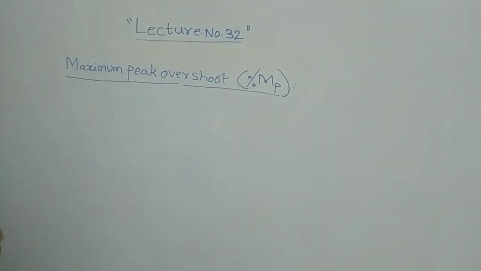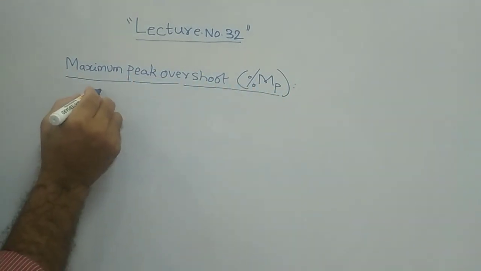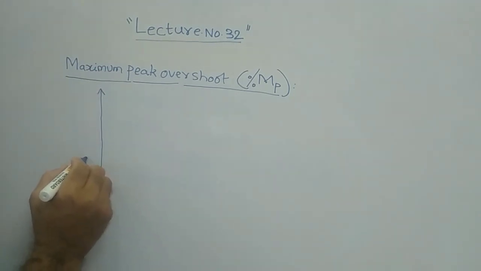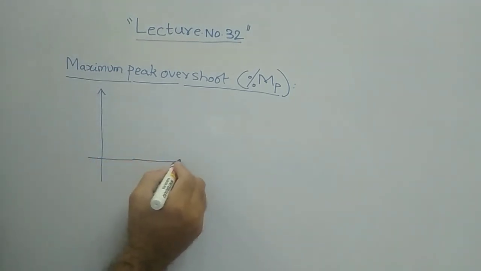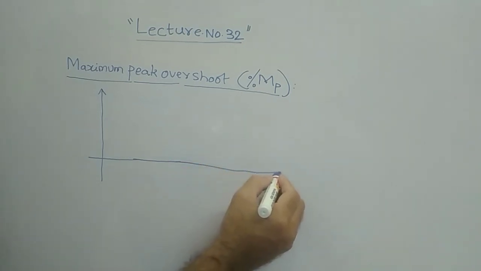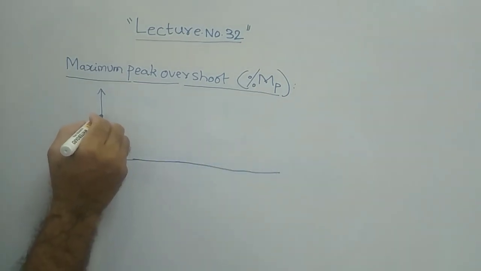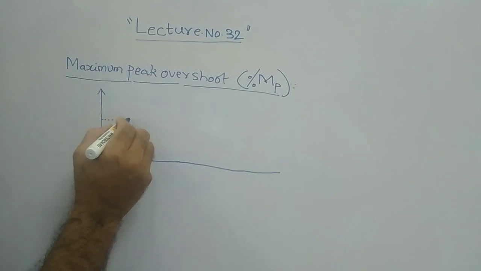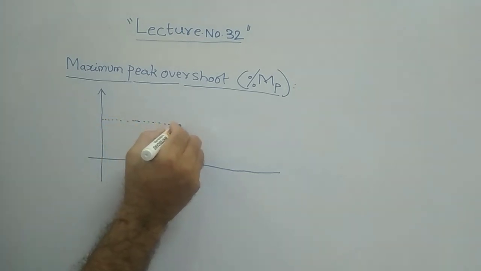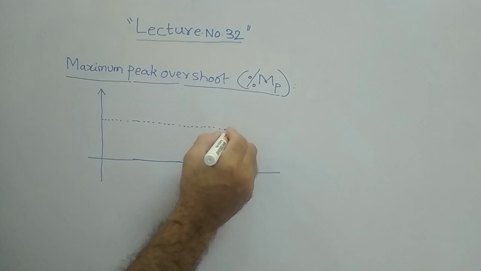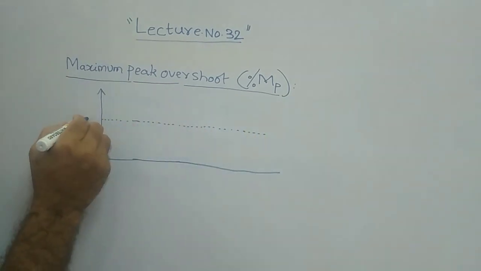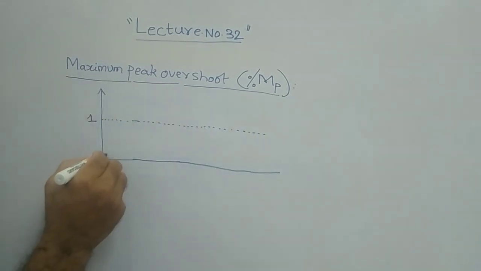So by the way, I will show you one more time how the time domain response looks like. In our previous presentations we have seen, but for your reference I will show you. For the second order control system, the time domain response will be like this.